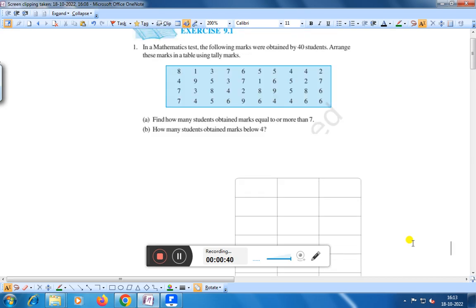Let us take this as number of marks obtained by students.